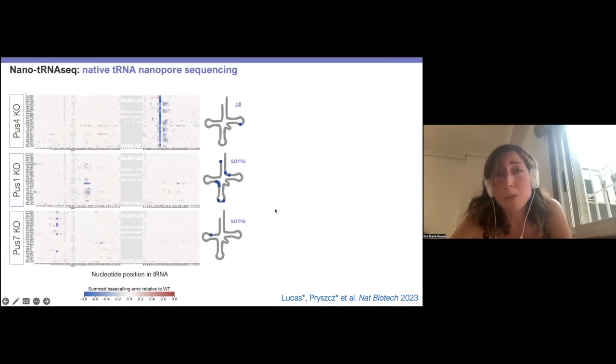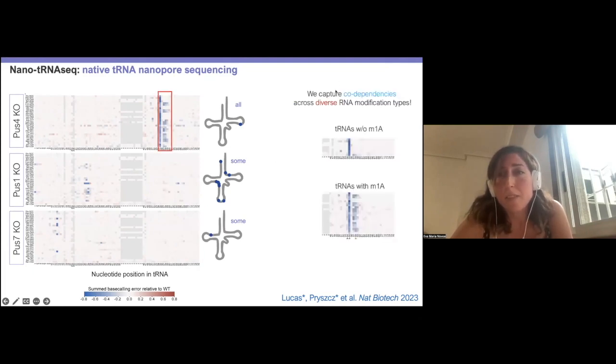Something I'd like to briefly mention here is this kind of dirty pattern after the pseudouridine 55. In our opinion, this is actually m1A. You can see this position here, 55, and then position 58, and a bit spread throughout several nucleotides, because not all modifications cause a single nucleotide base calling error; sometimes it's spread around certain positions.